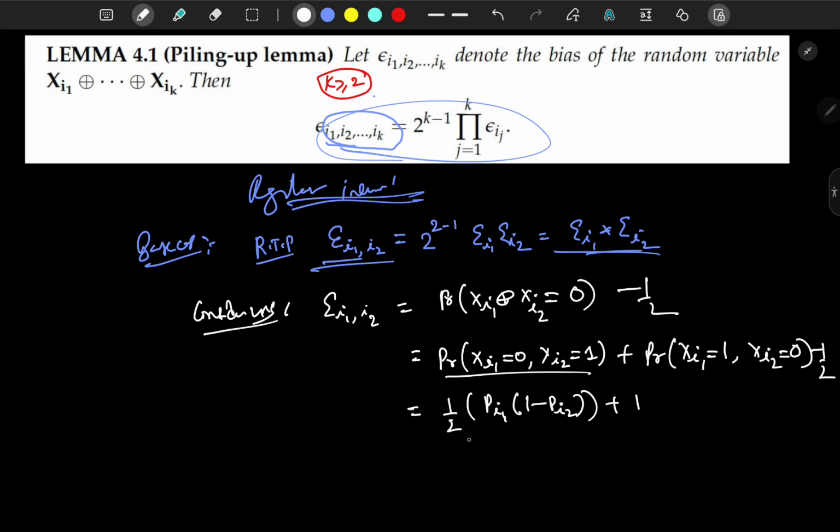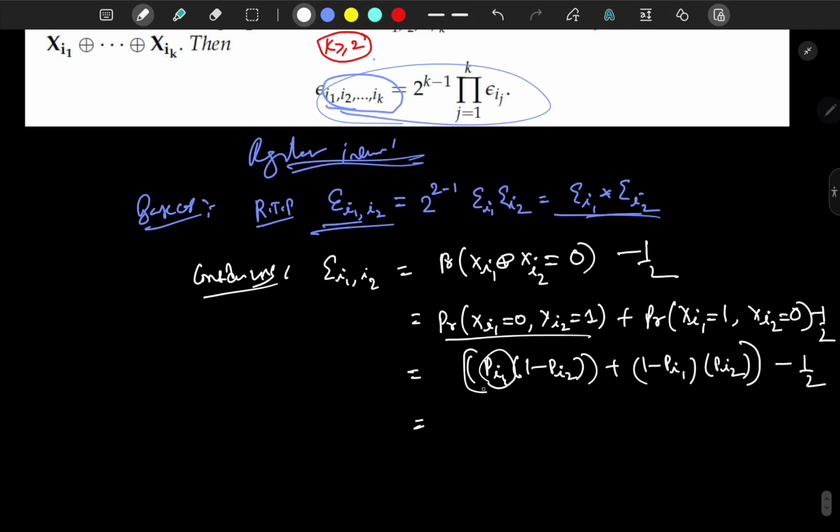Why are we writing 1 by 2? We shouldn't write it. Here we have p1 minus pi1 into pi2, minus 1.